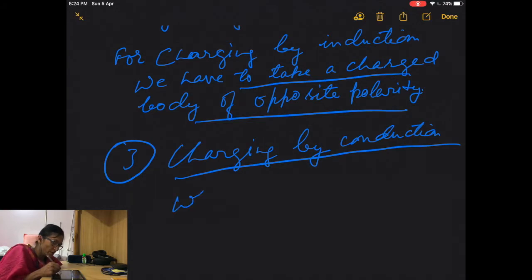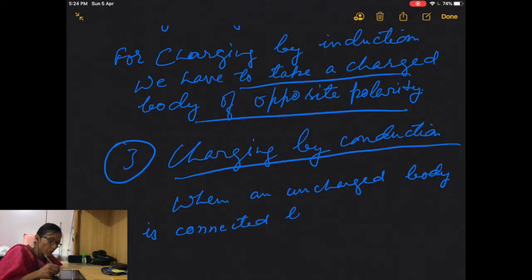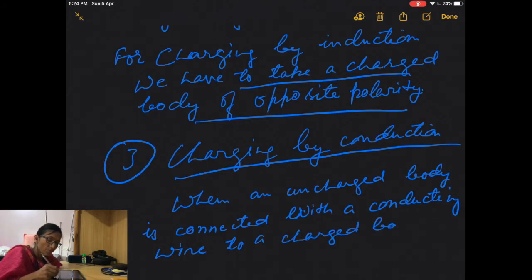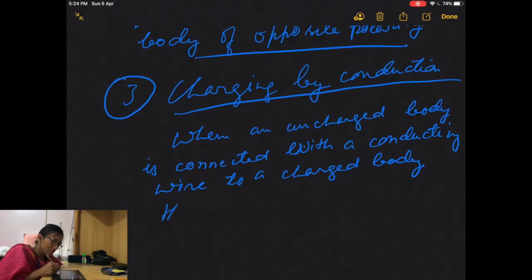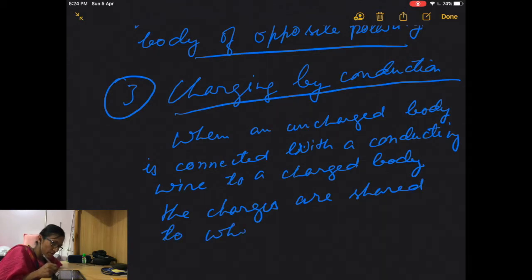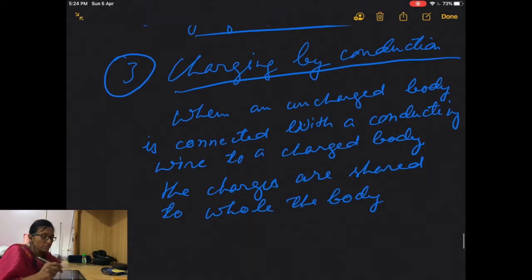When an uncharged body is connected with a conducting wire to a charged body, the charges are shared by both the bodies proportionally.